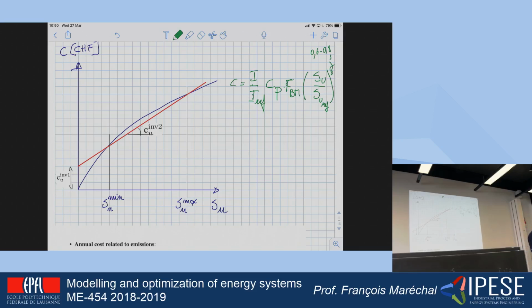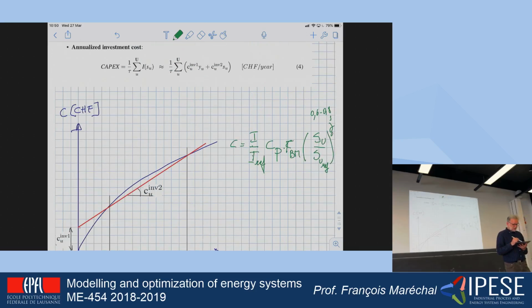Okay? And the straight line has two components. There is something which is named the fixed cost, which is here, that I'm going to associate to the existence of the unit. I'm going to use as well a new decision variable, which is the YU here, which is going to tell me that if the unit is used, then the integer variable y will be equal to 1.